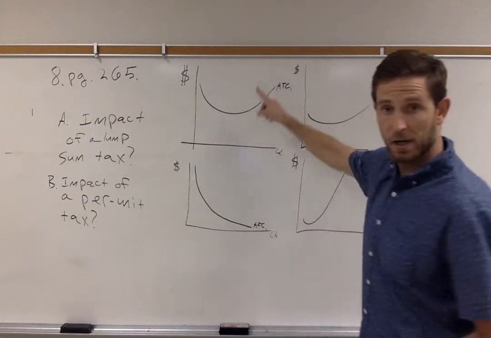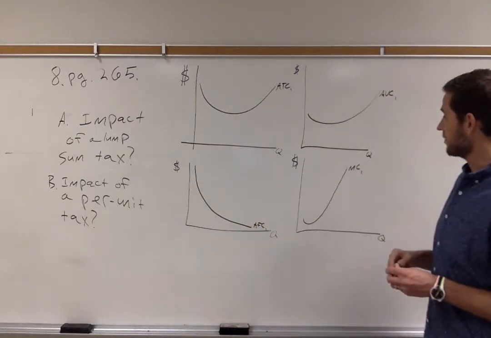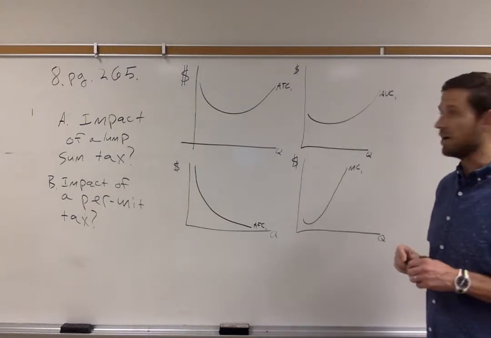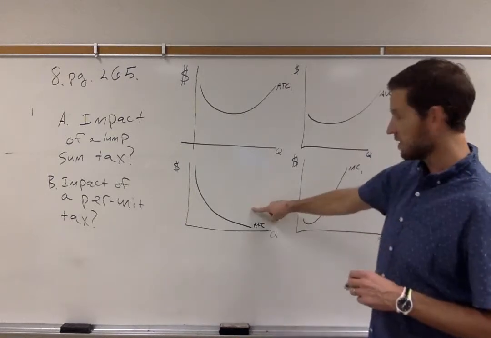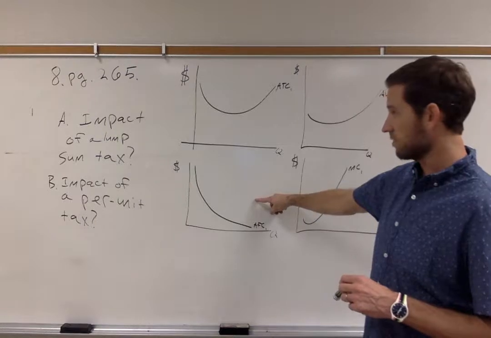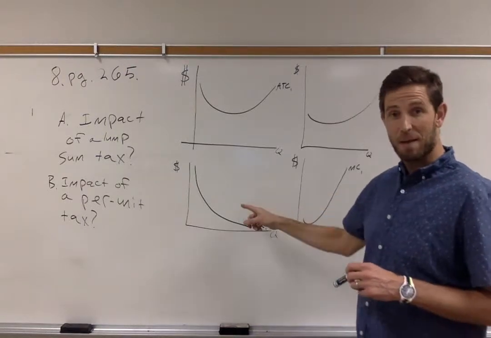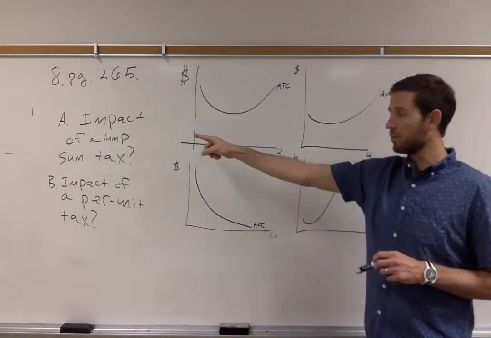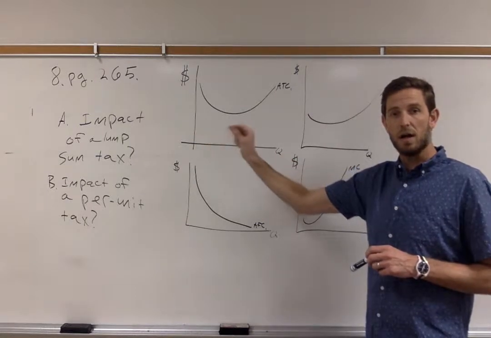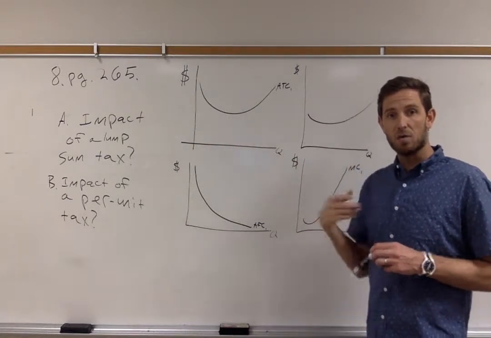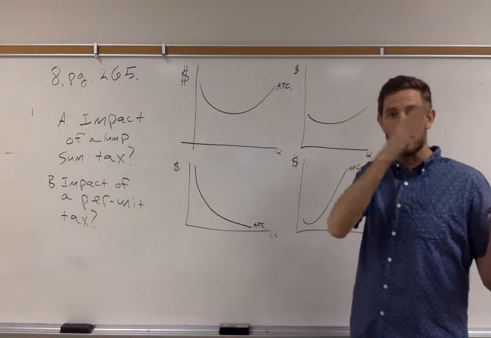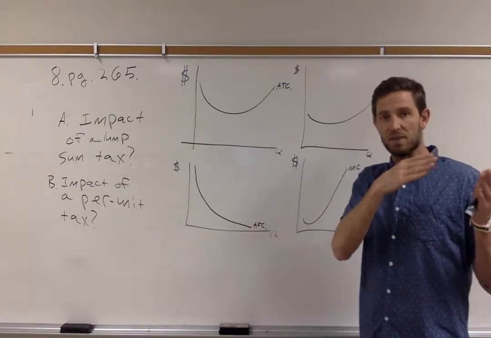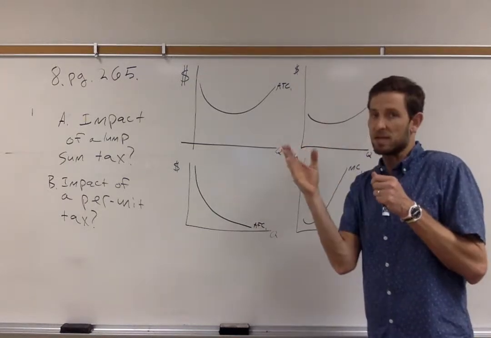So I've gone ahead here and started us off by drawing the 4 different curves that we're asked to evaluate. Let's start here with the average fixed cost curve. We want to know what's going to happen to this curve when we put in place a $300 lump sum tax. Well, of course, that just means that on top of all the other fixed costs that the firm has, they also now have to pay this $300.